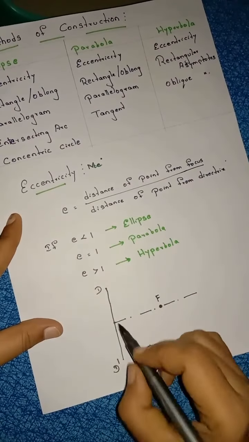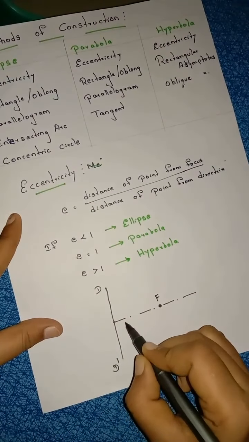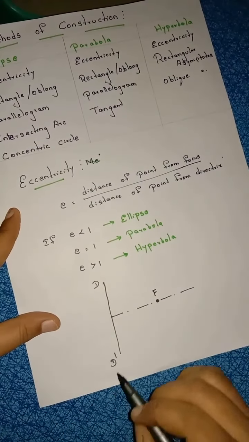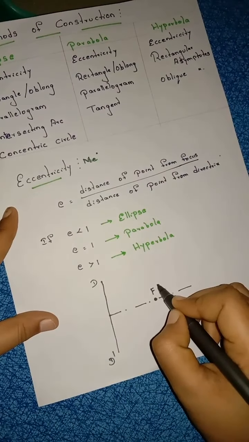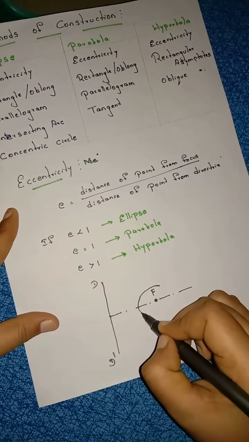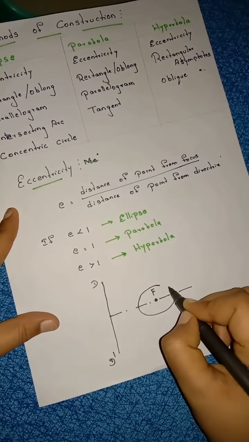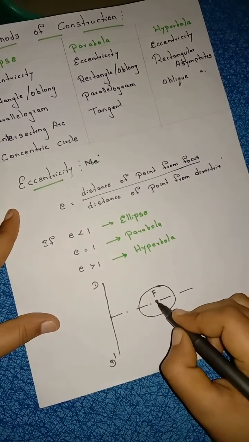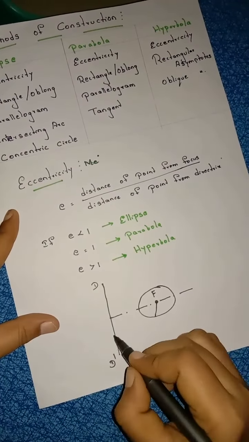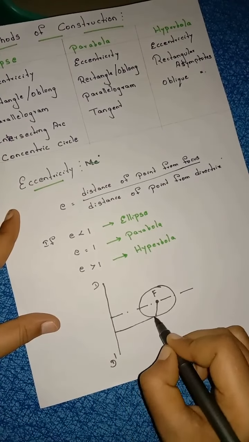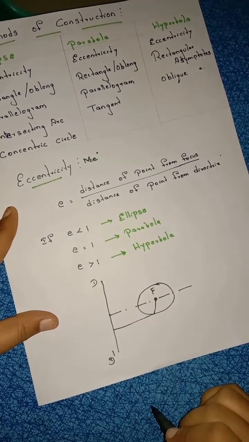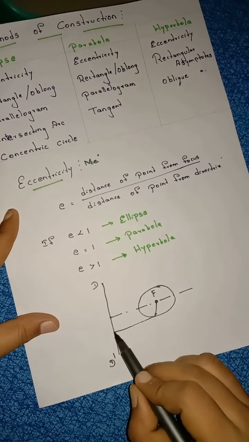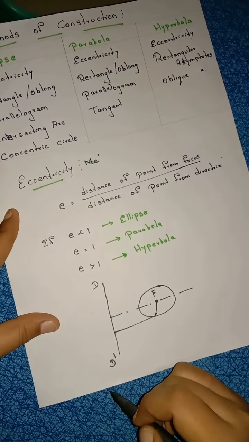Distance of point from focus, from here to here, to the distance of point from directrix. This ratio is nothing but eccentricity.